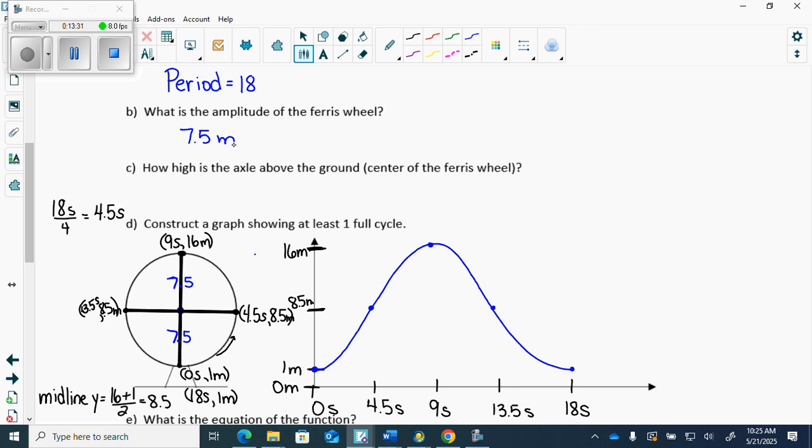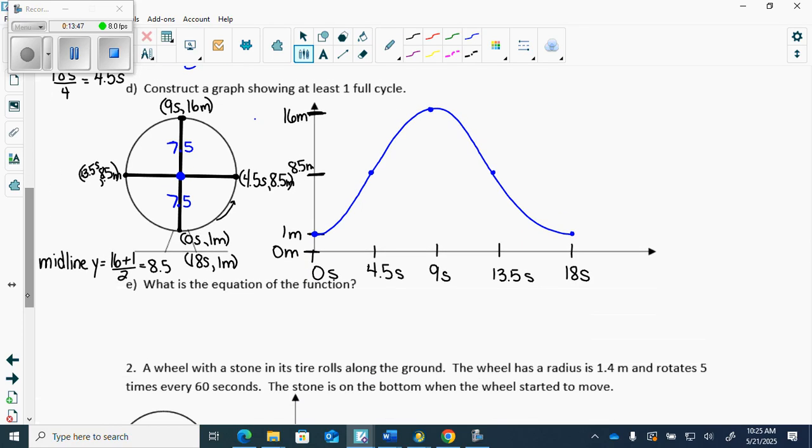How high is the axle above the ground, the center of the Ferris wheel? 8.5 meters. They're asking you for the center, right? Now I need an equation. So what I can do is I can go time, height.